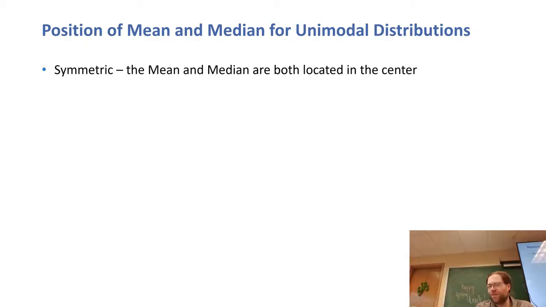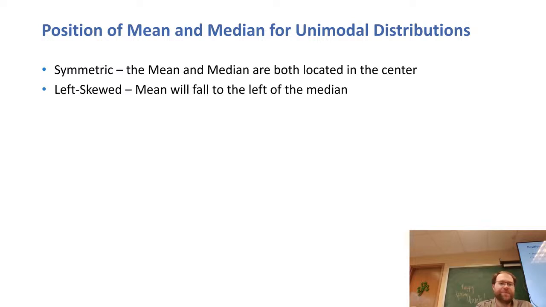But the position of the mean and median, if it's symmetric, they're both located in the center. If it's left skewed, which again, that means the tail end is going to the left, like that, the mean is going to fall to the left of the median. So in other words, your mean might be here, but your median might be here.